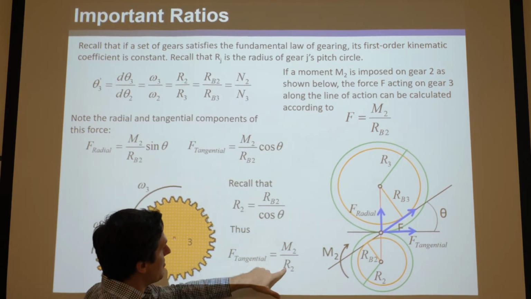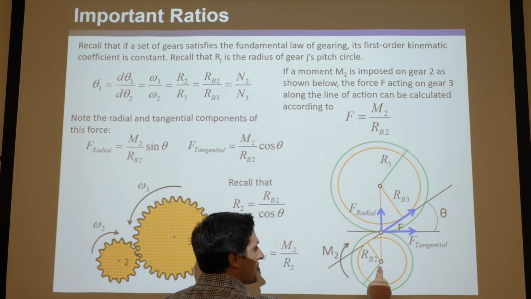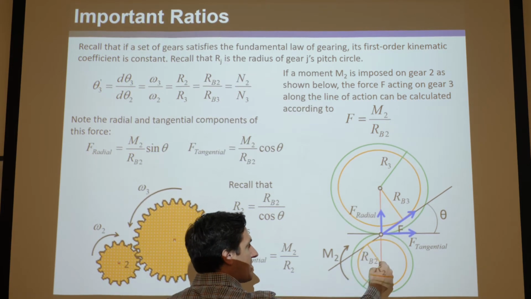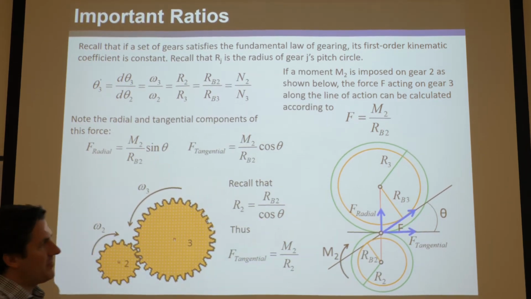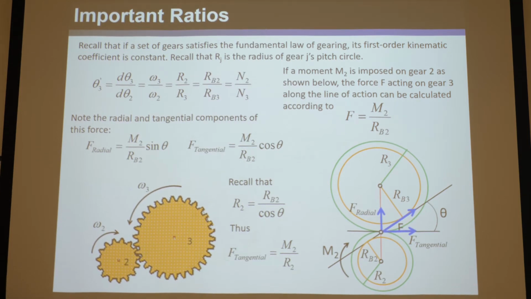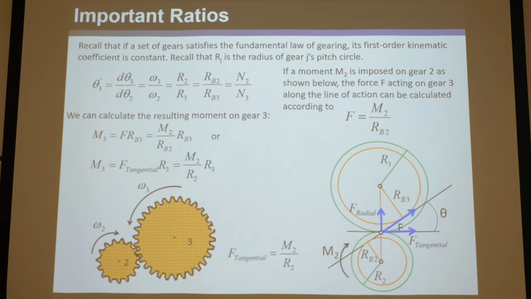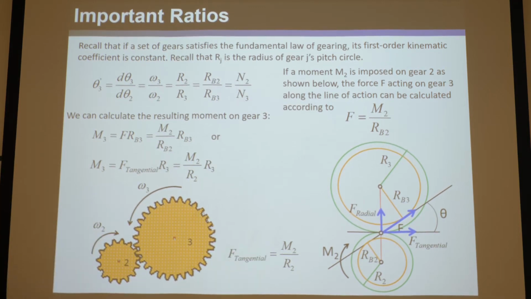So if you take M2 divided by R2, it's F tangential, which makes sense because look at the diagram. M2 divided by R2, which is the green circle radius. Put a moment on divided by that radius, you're going to get that force. That's usually the force lots of people look at. So we're just going to keep that here on the table. I promise I'm going somewhere with this.